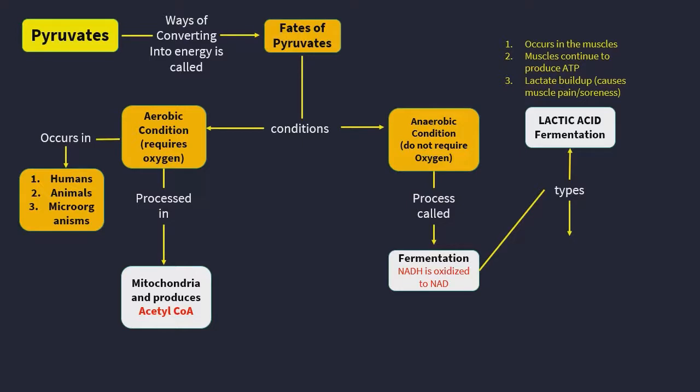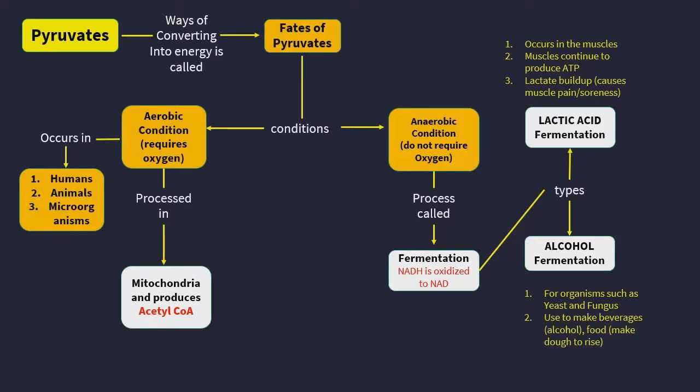Now the other type of fermentation is called alcohol fermentation. So what is the difference between lactic acid fermentation and alcohol fermentation? Well, these are usually found in organisms such as yeast and fungus, and the pyruvate, or the carbohydrates that are converted into pyruvate, can now be transformed into a type of fermentation that will produce alcohol.